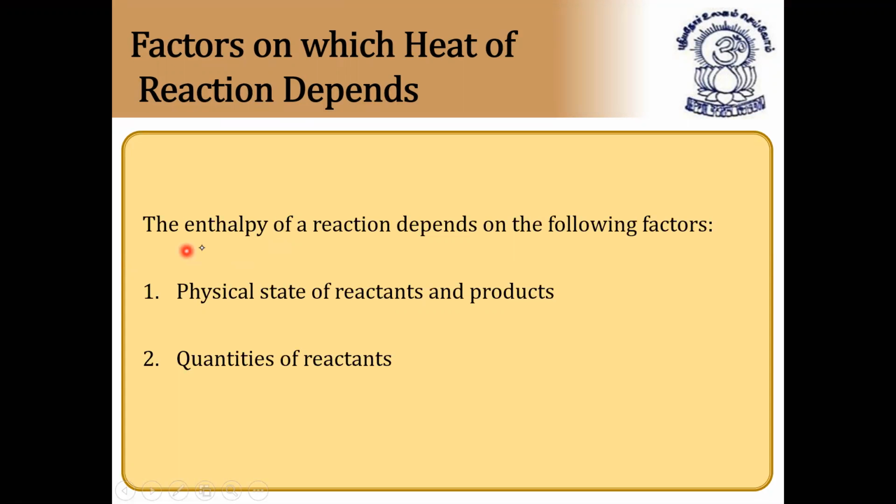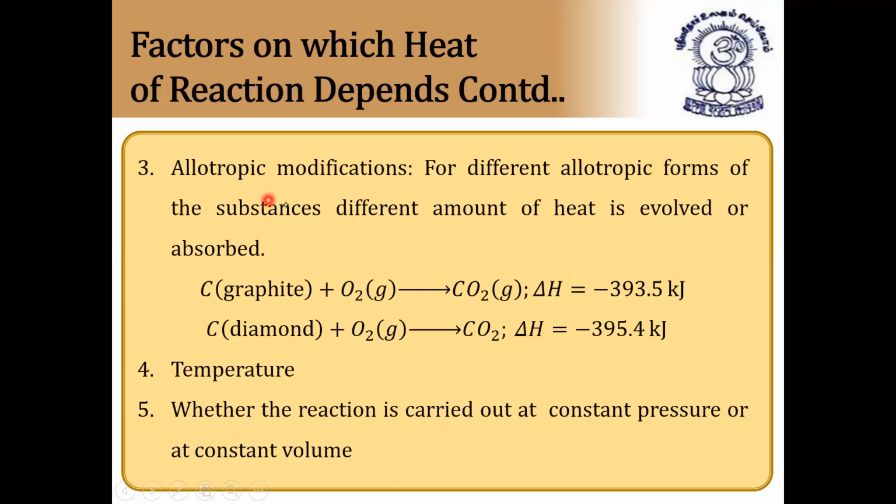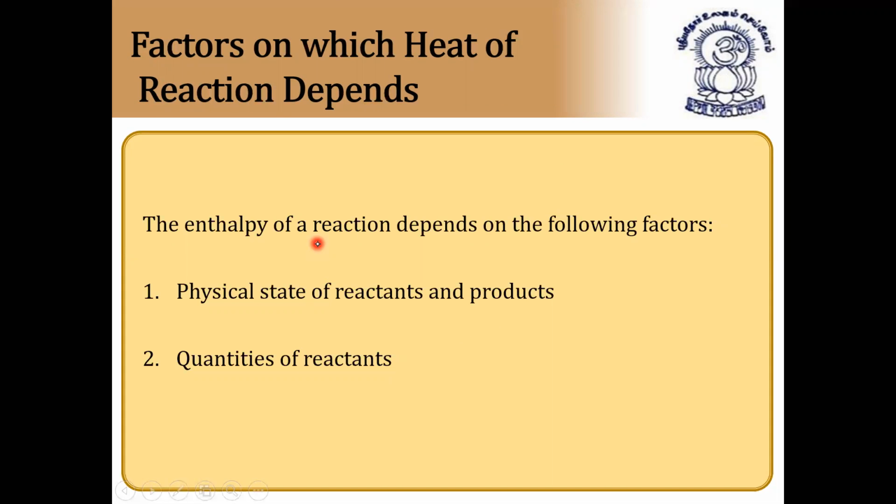Very, very important. The enthalpy of a reaction depends on the following factors: the physical state of reactants and products, and the quantities of reactants. First factor is the physical state of reactants and products. Second factor is the quantities of reactants.